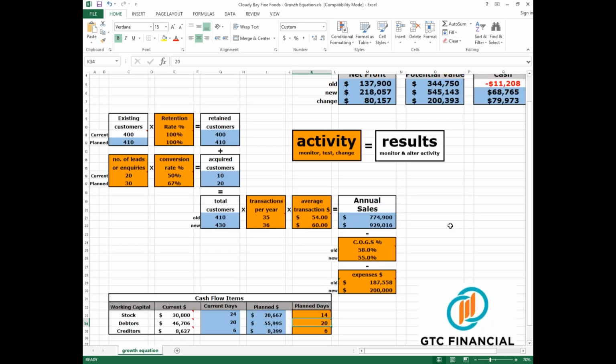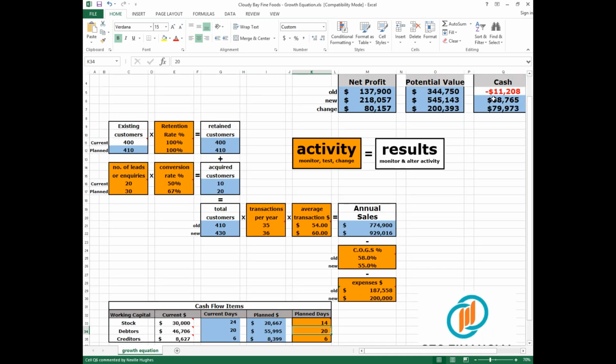So again, I want to go up here and say, right, we've gone from 11,000 to 68,000. Let's see if we get these down by another 14 days. What does that actually do? Goodness, that's actually taken her bank account up to nearly 86,000. So from an $11,000 overdraft, she's almost added $100,000 to her bank account.